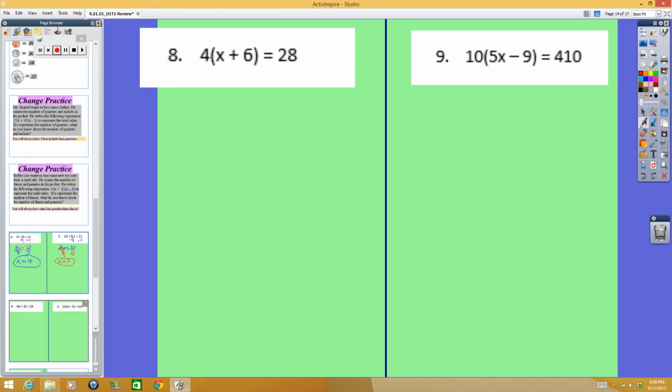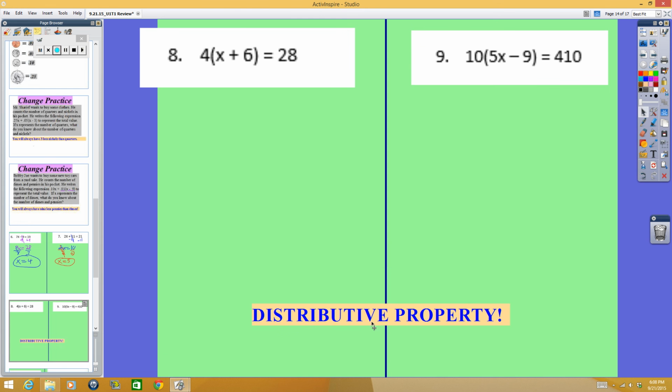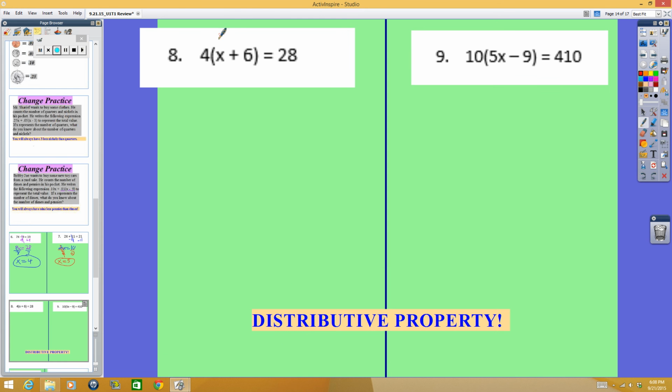With these, you're going to use the distributive property. First, you're going to do a whole bunch of properties for real. If you forget, right here is 1x. Please don't forget to write that number. That helps you.